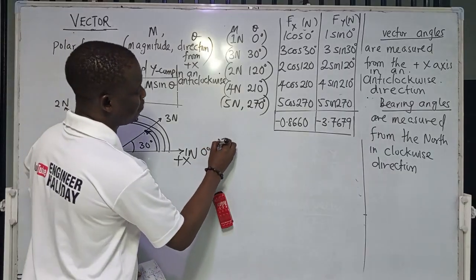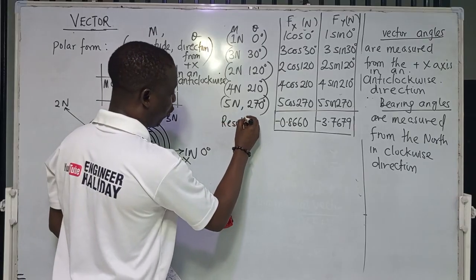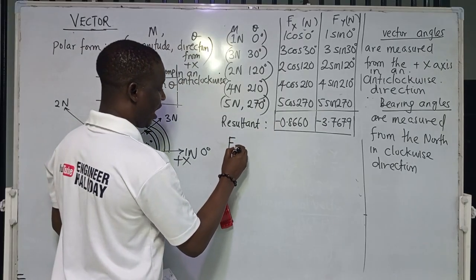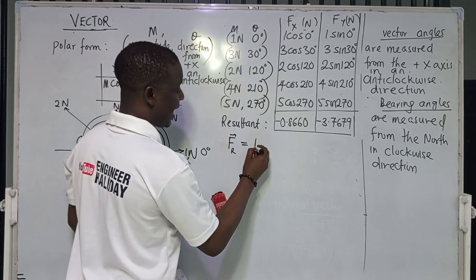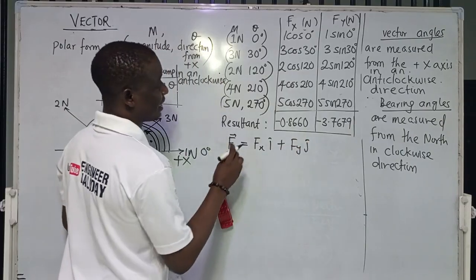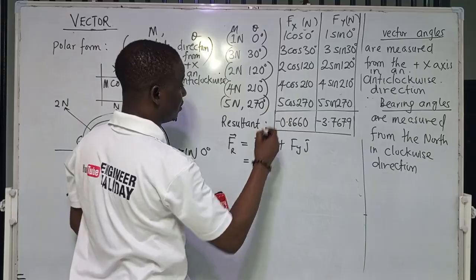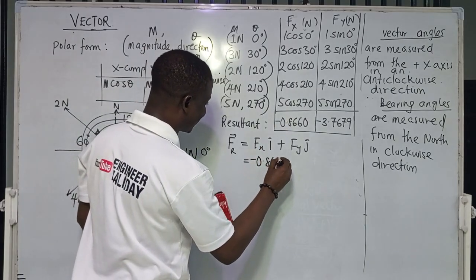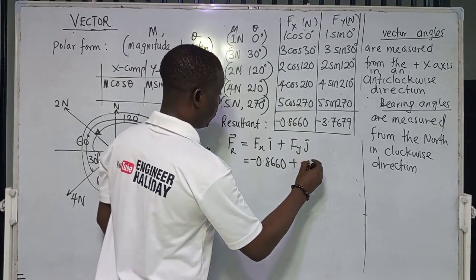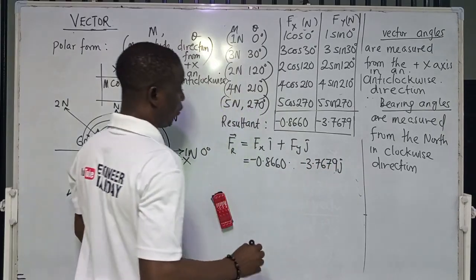Now, if you want to find the resultant force in vector form, that will be written as F_R, the resultant force, equal to Fx i plus Fy j. Fx is minus 0.8660, plus Fy, which is minus 3.7679 j in vector form.